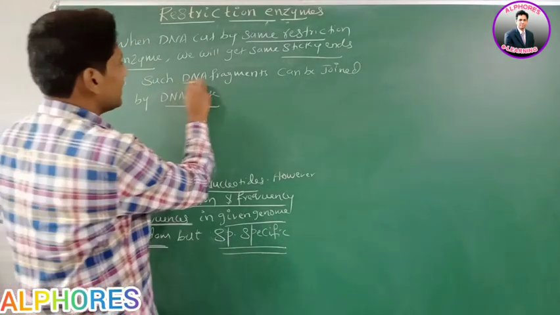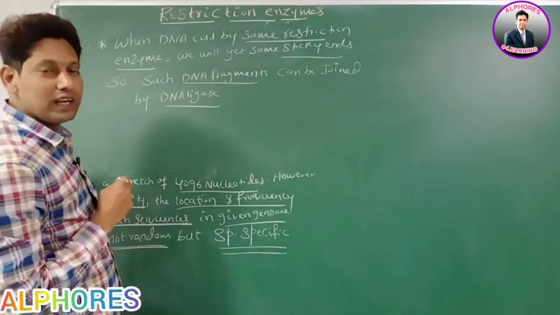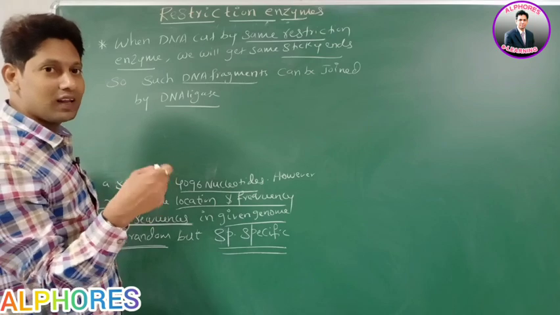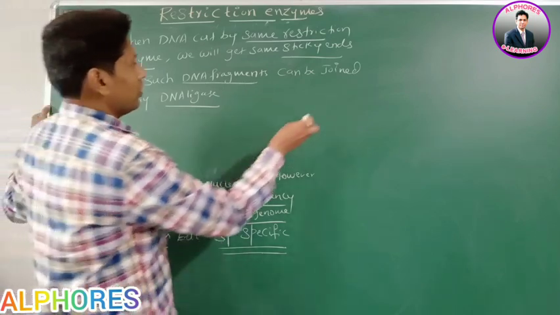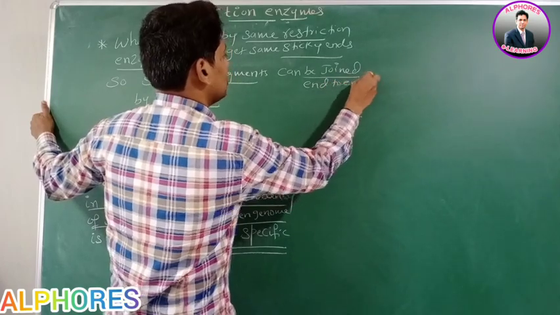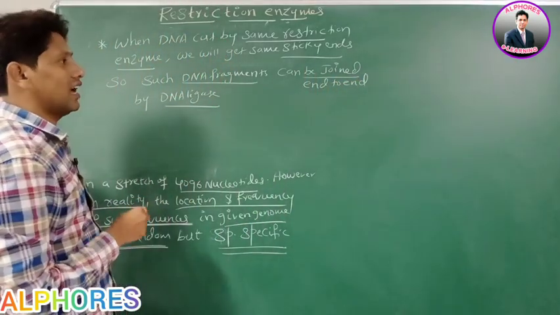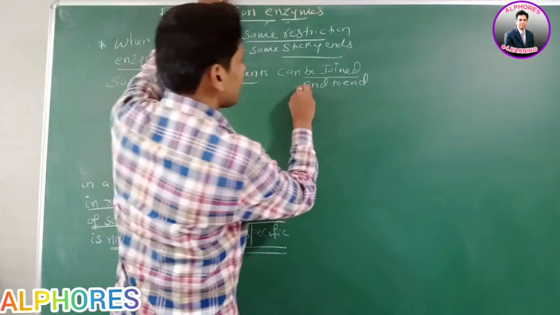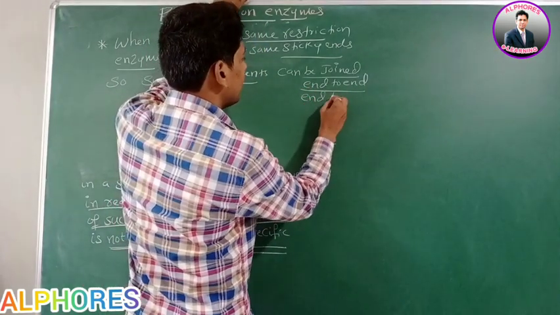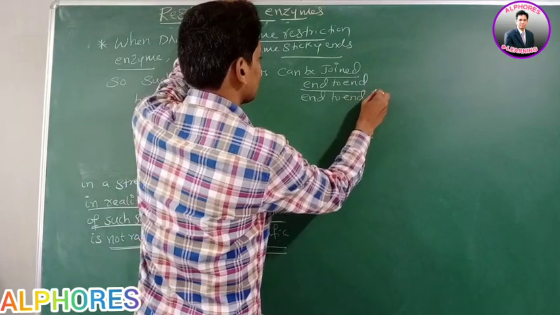One end of the fragment is joined to another end of the fragment. Therefore, they are joined end to end. Joining is also called ligation. Therefore, we call this technique end to end ligation.